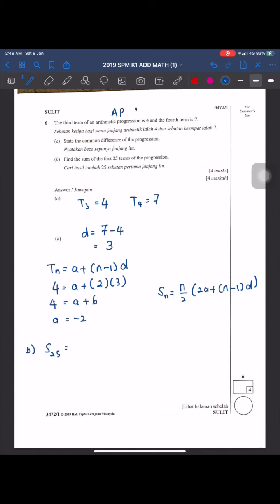Okay, so n kita adalah 25 over 2. 2a is negative 2 plus n is 25 minus 1, 24. D is 3. Okay, so tekan calculator. Kita akan dapat final answer is 850.